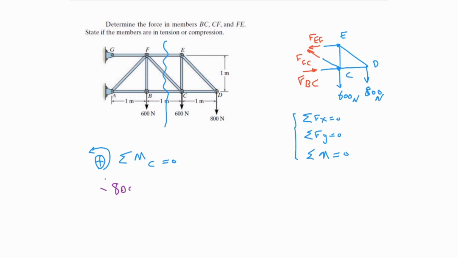If I do that, I would have minus 800 times 1, which is the arm of that, and we have a force over here that would be plus FEF times 1 as well, because the arm of that is also 1, equal to 0, and we can find FEF as 800. Okay, right now you can do sigma fx, sigma fy to find the other unknowns.